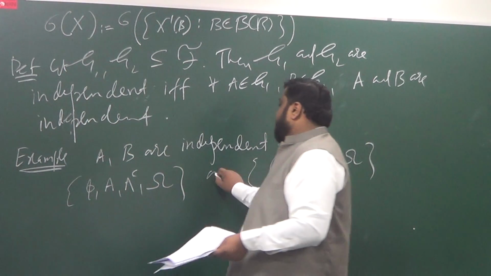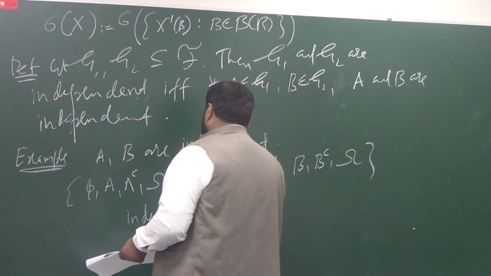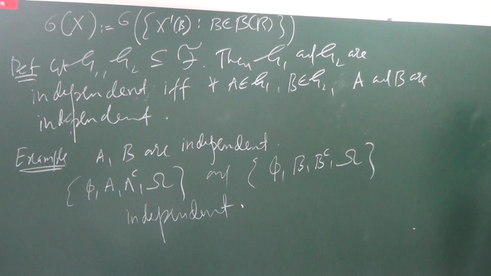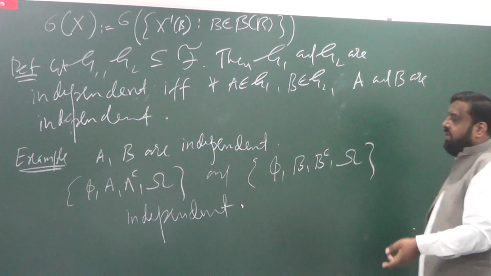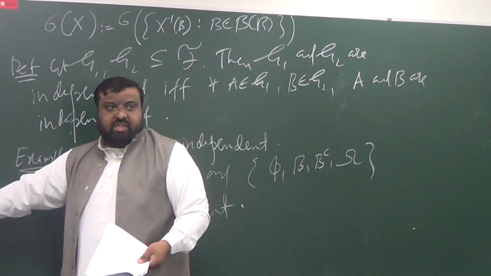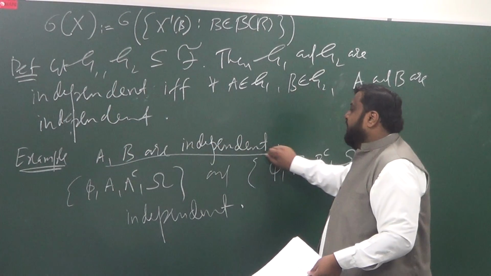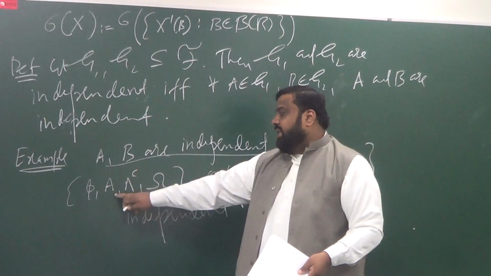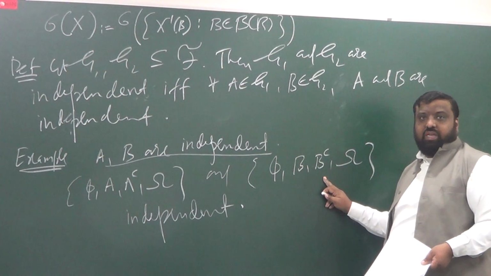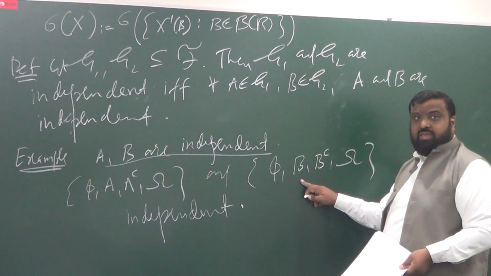These are also independent. Is it making sense? Indeed, if I take an empty set from here, the identity is satisfied. Under the assumption that A and B are independent, A and B complement are independent, and A complement and B are independent. We can easily prove this proposition.